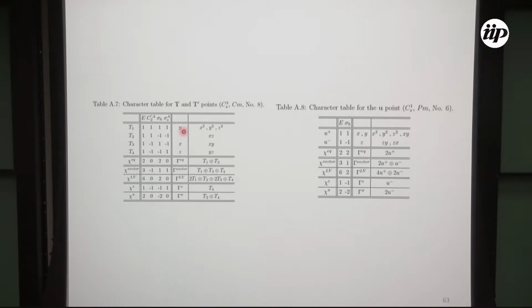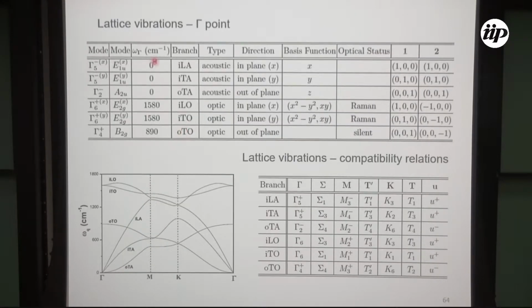Okay, so for example, we got all those lattice vibrations at the gamma point, okay? Then, if you remember, we got gamma 5, but gamma 5 is a two-dimensional representation, and we have gamma 2.